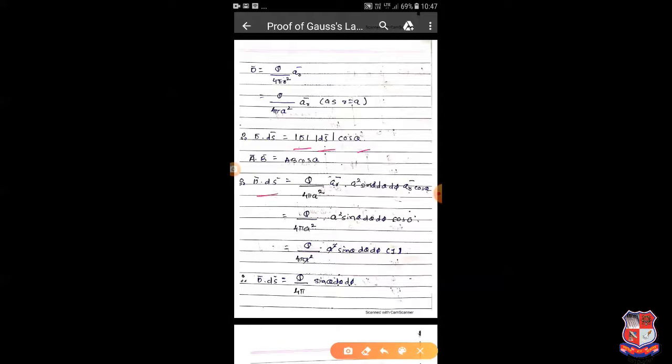Therefore, D bar dot dS bar is equal to Q upon 4 pi a square into a_r bar, this is the value for D bar, into a square sin theta d theta d phi into a_r bar, this is the value of dS bar, into cos theta. Now a_r bar dot a_r bar, the value is 1. Therefore, Q upon 4 pi a square into a square sin theta d theta d phi.